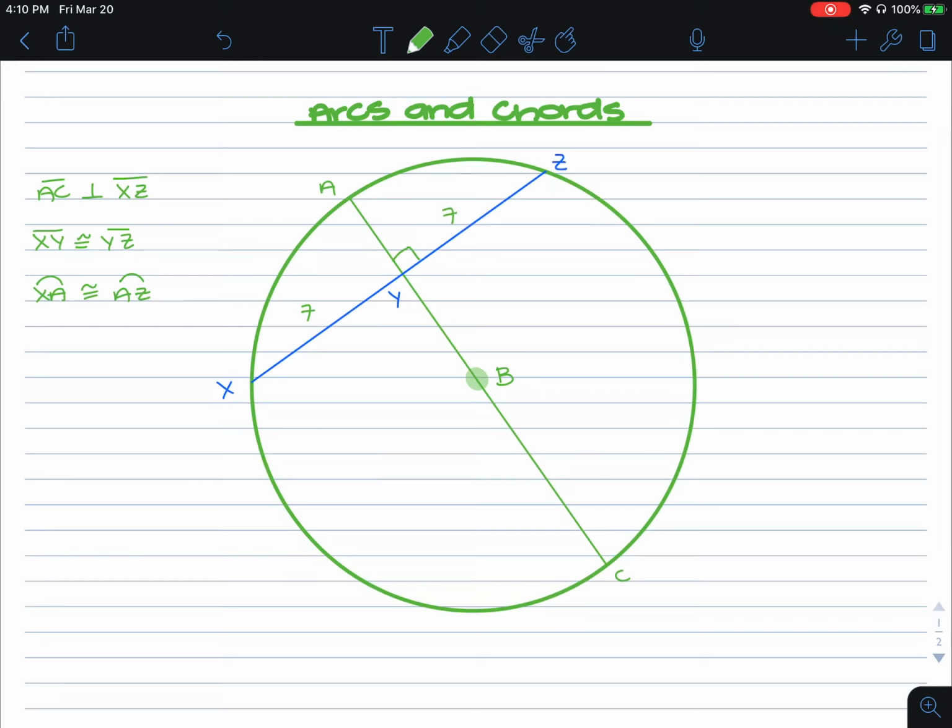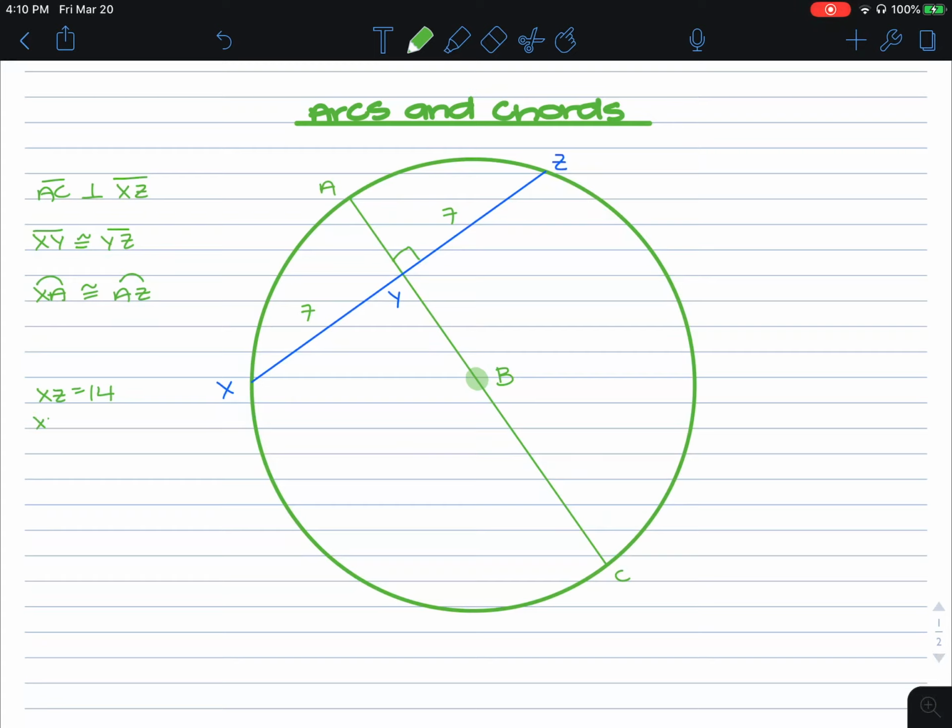Okay, well, what if I wanted the whole length of XZ? So this entire blue line. Okay, well, that's segment addition postulate, which we're used to. My small plus my small gives me my big. Well, my two smalls are 7 and 7. 7 plus 7 is 14. So then I have XZ equals 14.